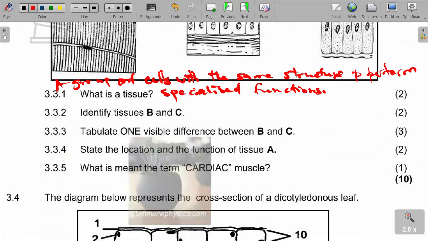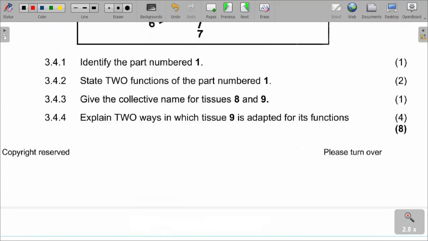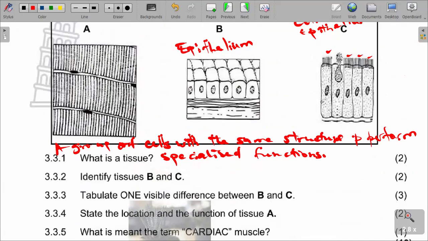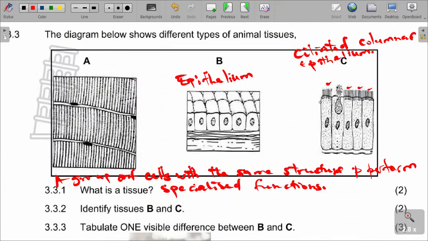Then, tabulate the visible difference between B and C. If they say tabulate, it means you must draw a table that can show the difference.